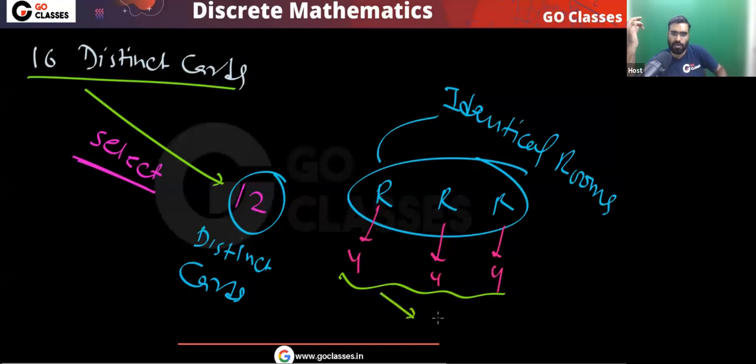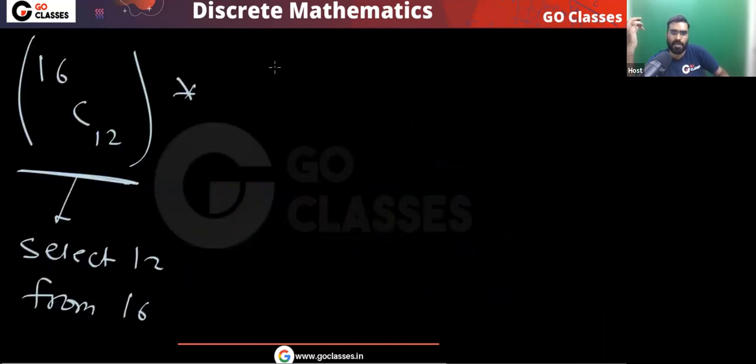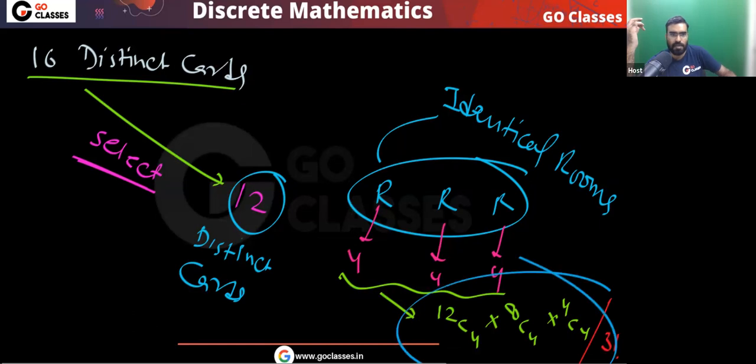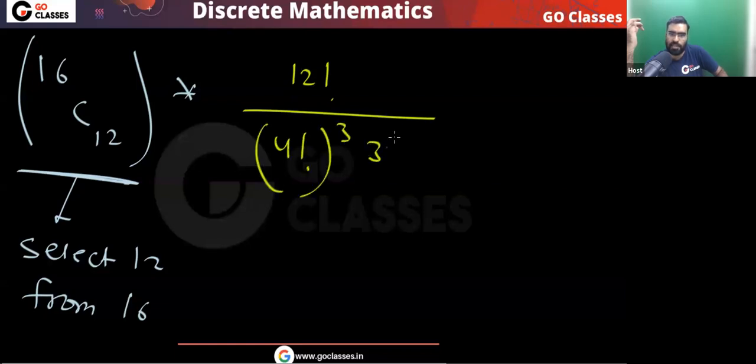So the answer is 12C4 multiplied by 8C4 multiplied by 4C4 divided by whom? Divided by 3 factorial, because 4, 4, 4. So your final answer, if you solve it, will be 12 factorial divided by 4 factorial to the power 3 into 3 factorial. This is your final answer. Is this point clear?